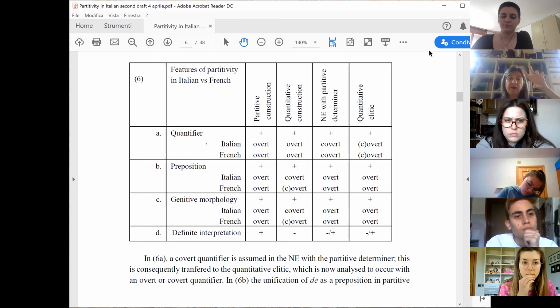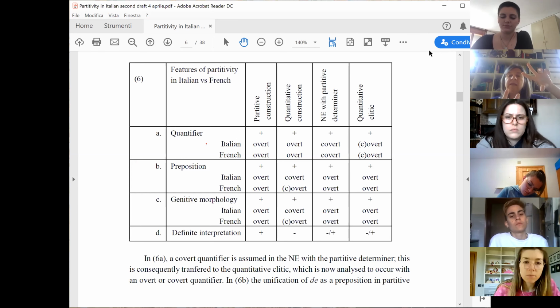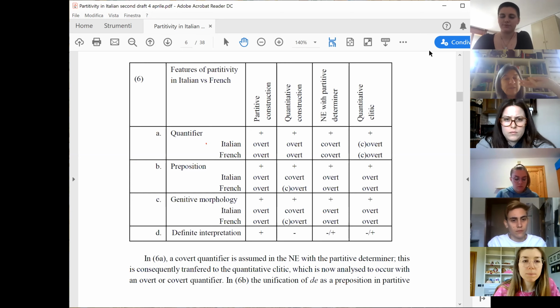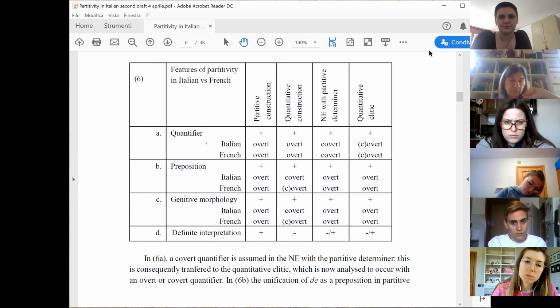So I have 2 syntactic categories, 1 morphological category, and 1 semantic category.